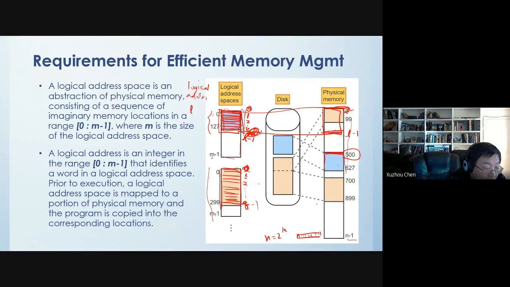So there's a difference between logical address space and physical address space. In the physical address space, there's only one address 0, but different programs may have different logical address spaces, and each has its own logical address 0. When you actually load each program into physical memory, you are not going to be able to load all these logical address 0s into physical address 0, because there's only one physical address 0, right?